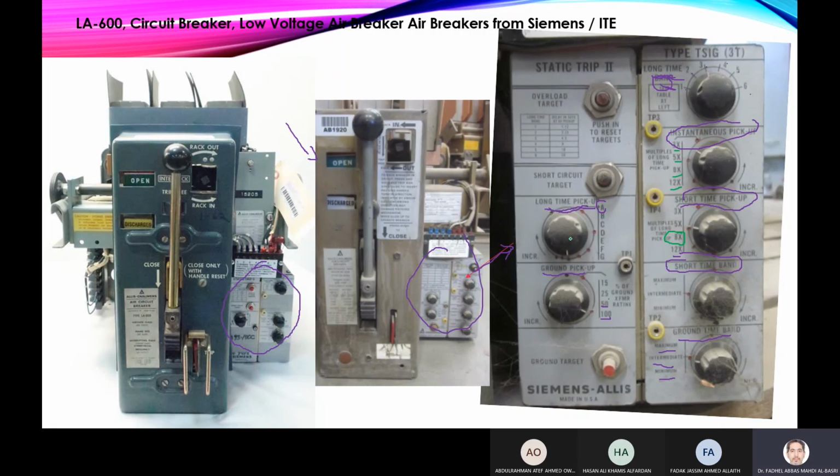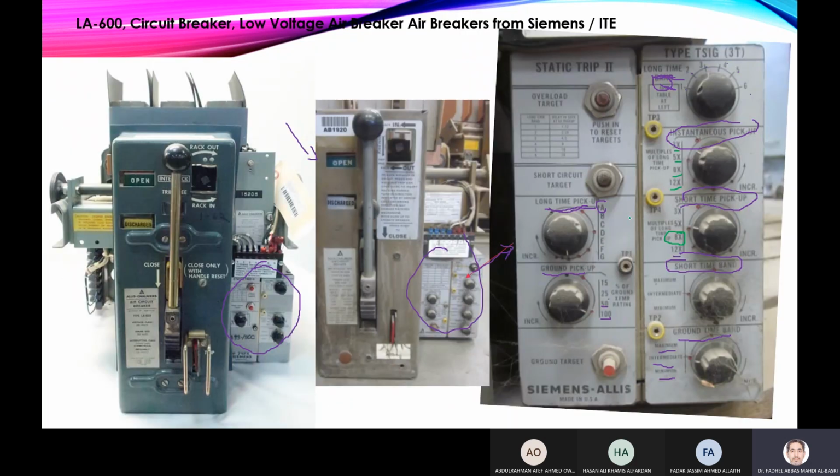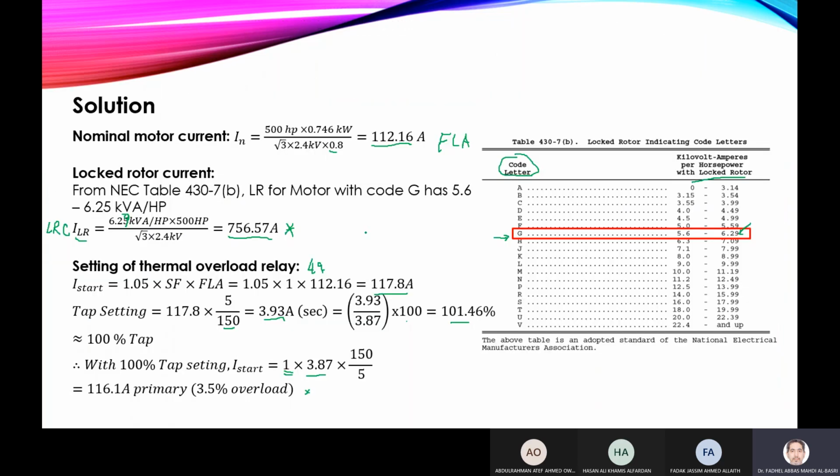And for 125, the 125 ampere represents B here, so I'll set the long time pickup setter at B. Everything now is taken with respect to B, which is 125 ampere.